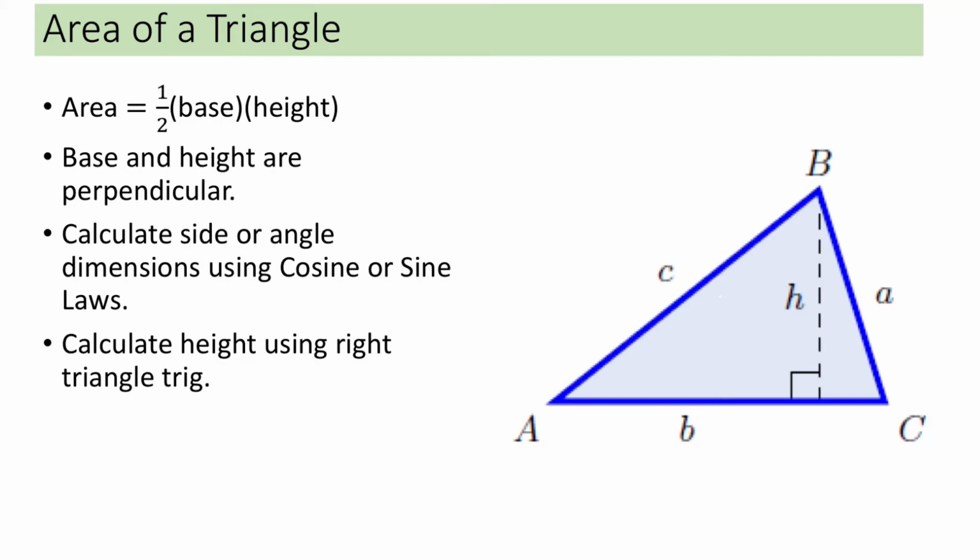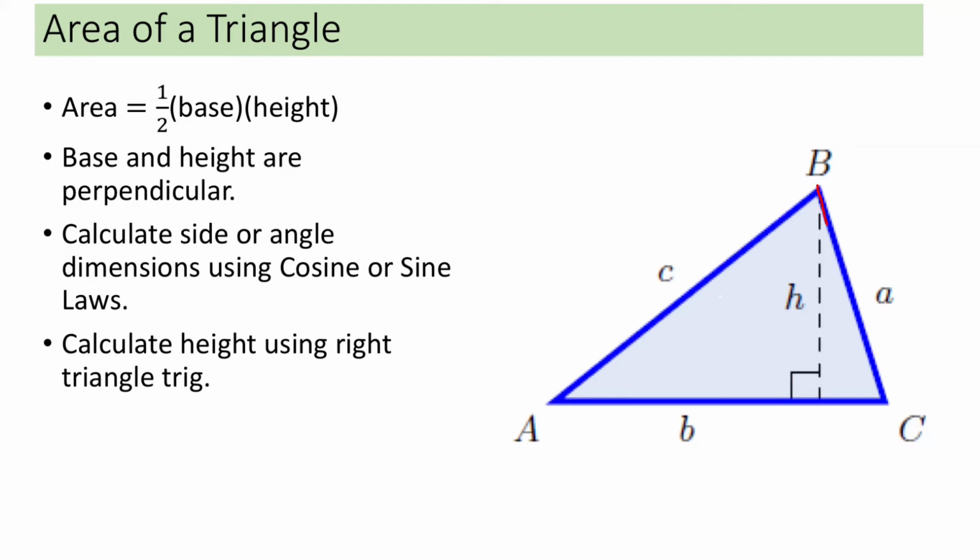So when we talk about the height of a triangle, we're really talking about the altitude of the triangle, and you have three possibilities. If this is your base that you're choosing to work with, then this is your height, and they're going to be perpendicular.